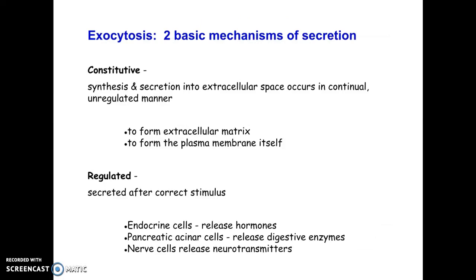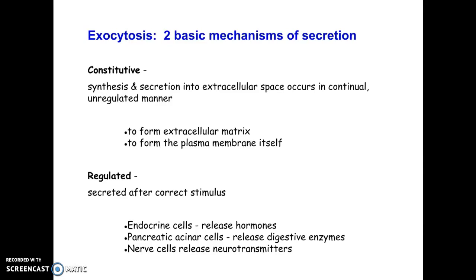So, like I said, there's two forms. There's constitutive and there's regulated. Constitutive exocytosis is the default pathway. The proteins are made in the ER, processed through the Golgi, and then trafficked via vesicles to the cell membrane. And then there's regulated.